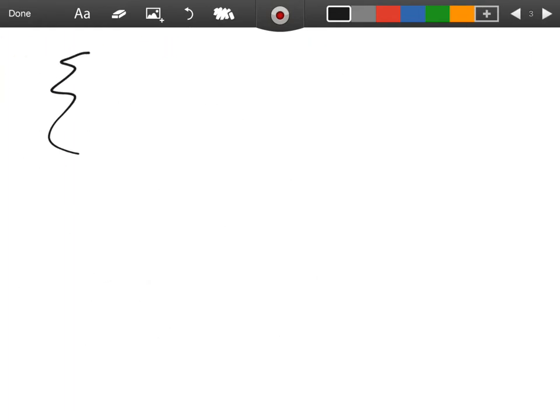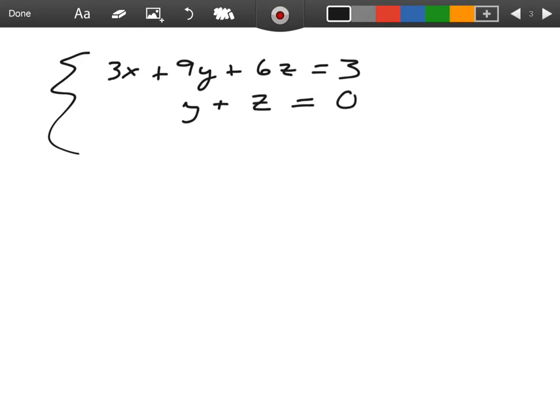So if I do that, I have 3x plus 9y plus 6z equals 3. We have y plus z equals 0. And then negative y minus 3z equals negative 2.